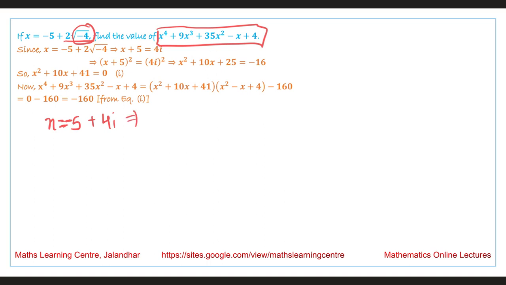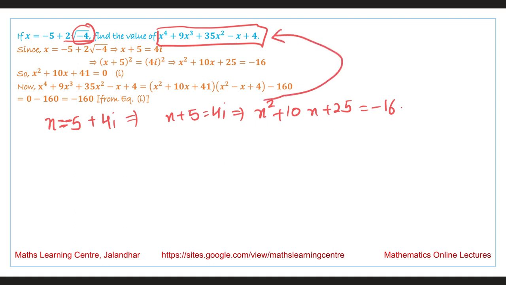So we can write x plus 5 is equal to 4 iota. If we square this term, we get x square plus 10x plus 25 is equal to minus 16. Now we have to write this term in this form. First of all we simplify, and we have x square plus 10x plus 41 is equal to 0.